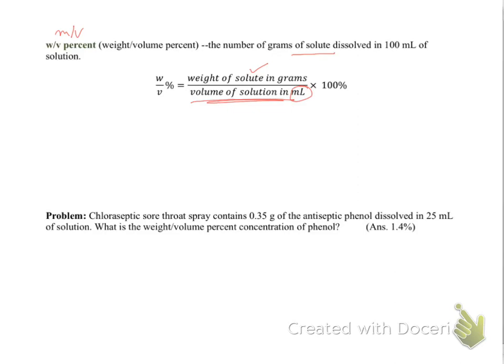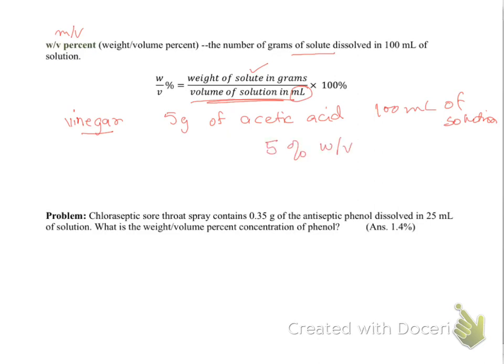For example, the vinegar contains 5 grams of acetic acid. When you dissolve it in 100 milliliter of solution, then you call it 5% weight by volume.